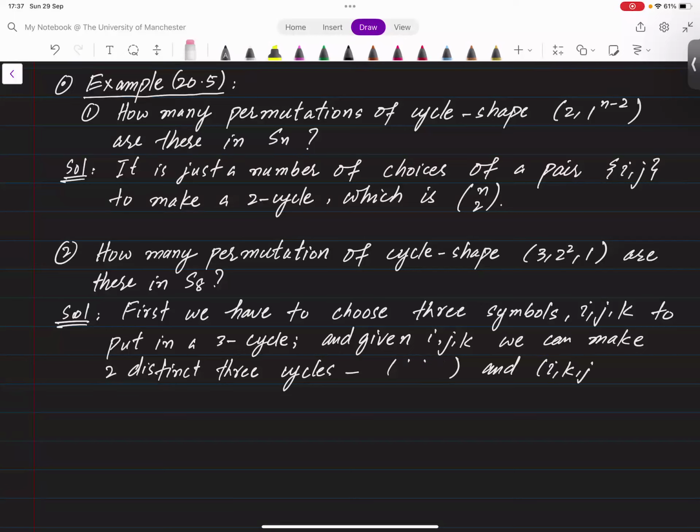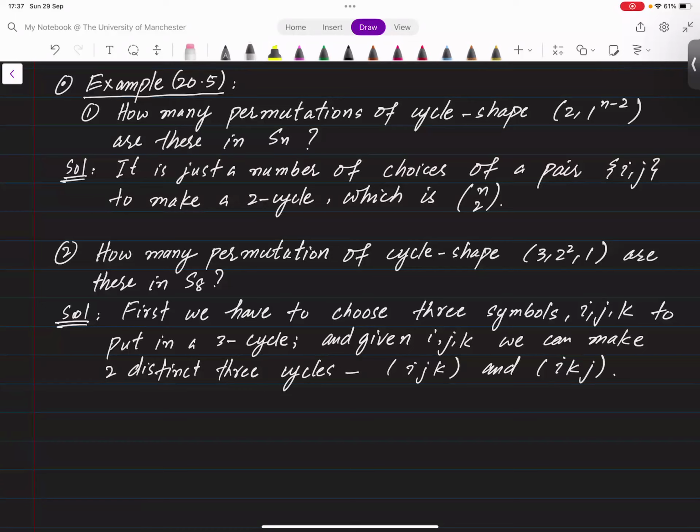Or you can write without any commas, ijk and ikj.